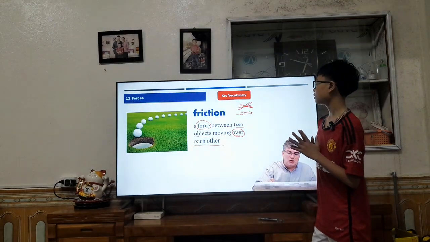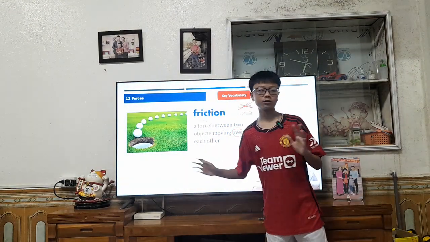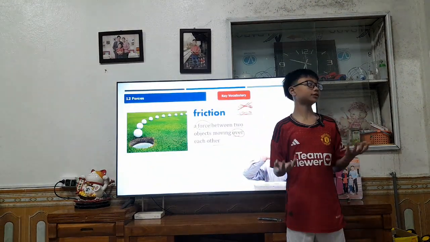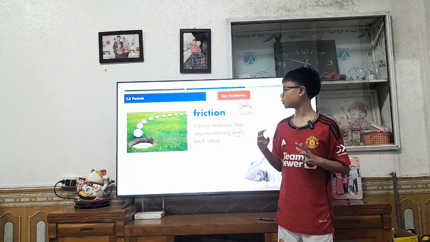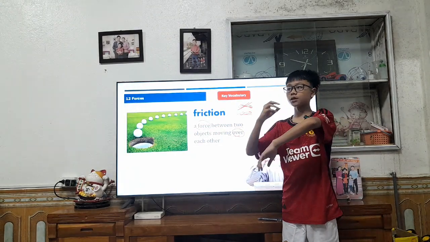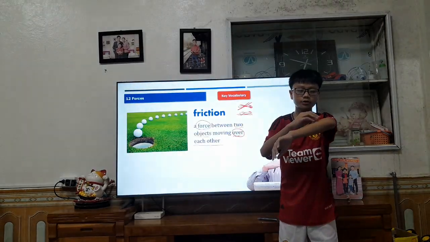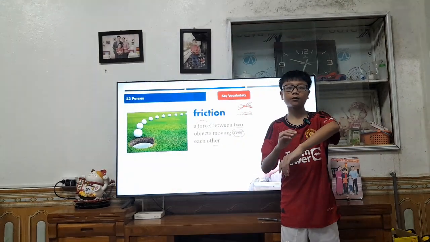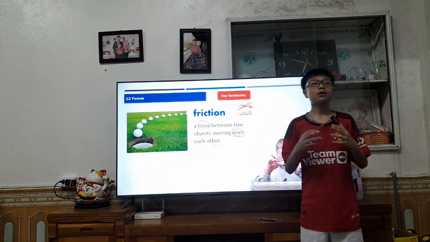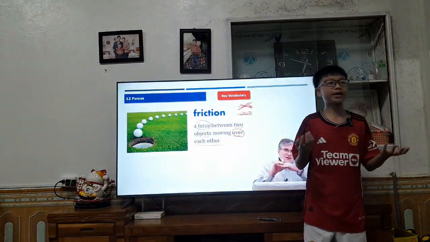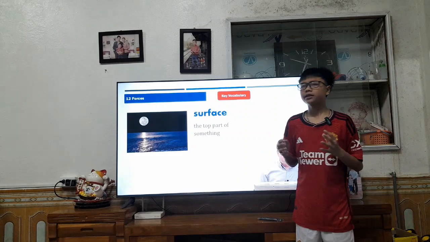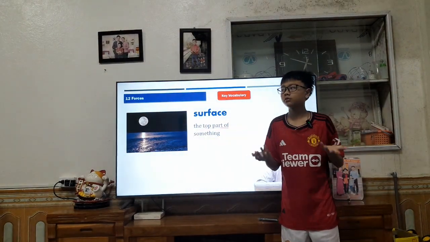It's not about throwing a ball in the sky, but maybe the ball is on the ground and rolling on the surface of the ground, and that makes friction. If there's a lot of friction, it can make you burn or make electricity. And sometimes a little bit of friction does not matter at all.